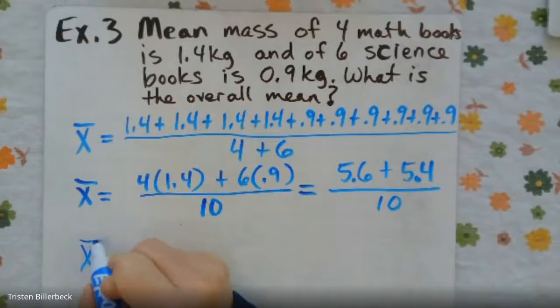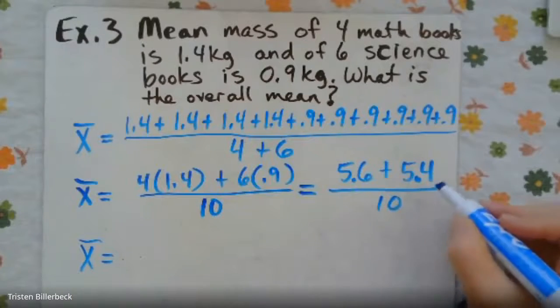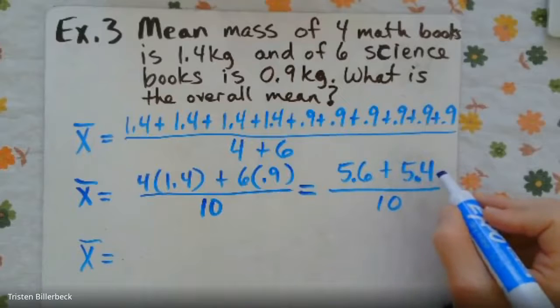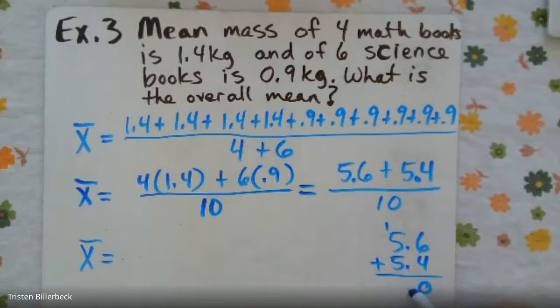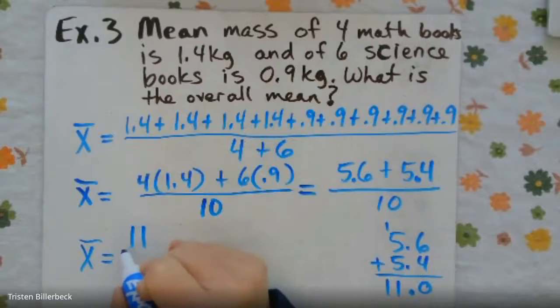So we have X bar equals 5.6 plus 5.4. Remember, we line up the decimal like that when we add our decimals. So we have 10, carry a 1, the decimal's there, and then that's 11. So we have 11 over 10.